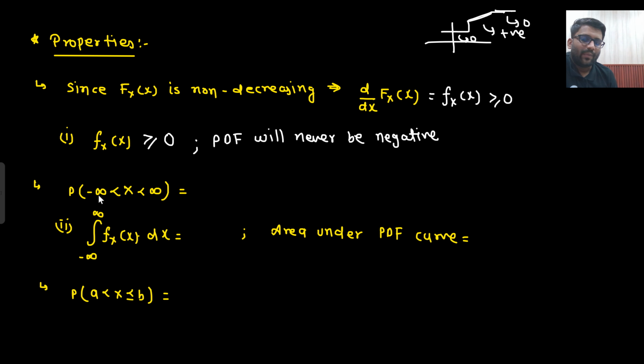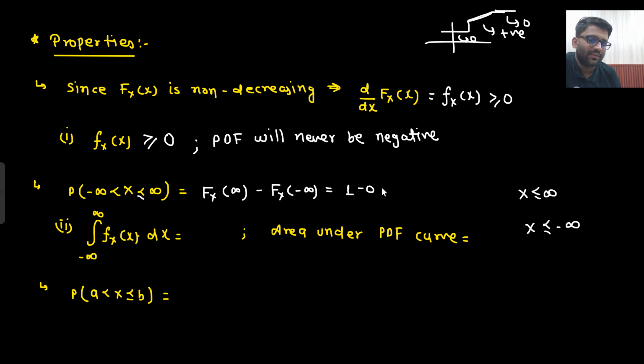If I want to find probability from minus infinity to infinity, let's just say here I put the equal sign. So what I will do, fx of infinity minus fx of minus infinity. What is the meaning of fx of infinity? That means probability such that random variable x is taking value lesser than or equals to infinity. The value is 1. And what is the meaning of fx of minus infinity? Probability such that random variable x takes value less than equals to minus infinity.